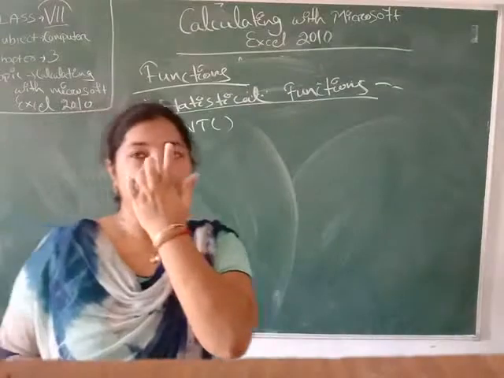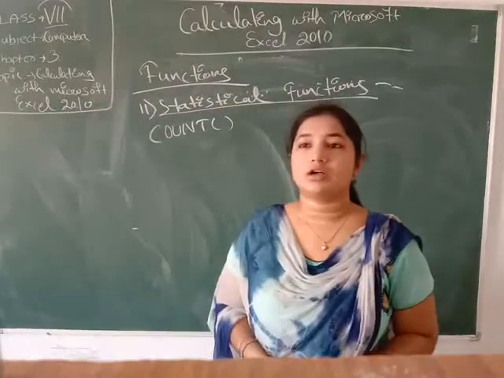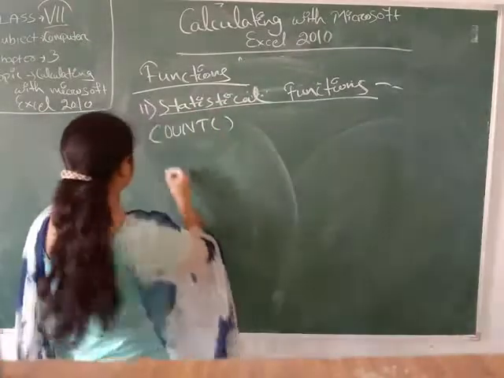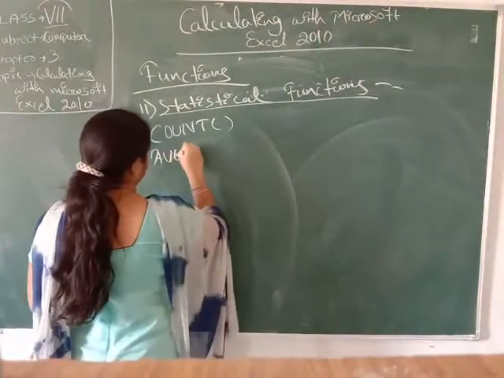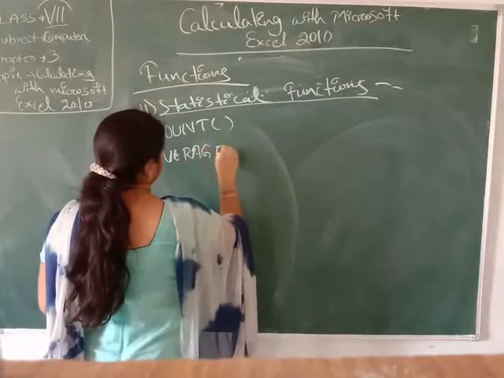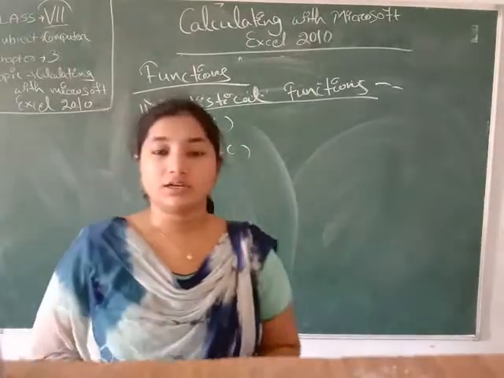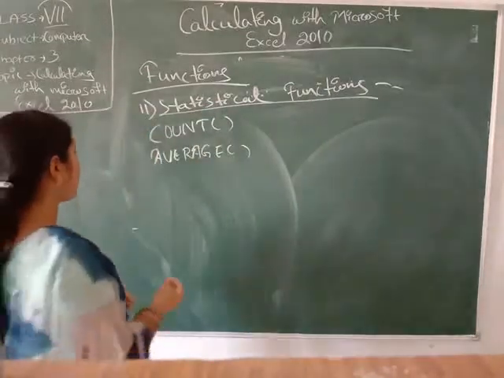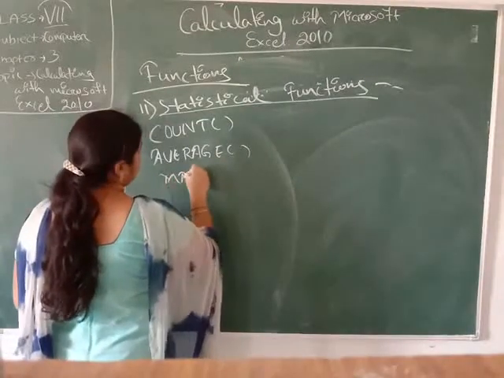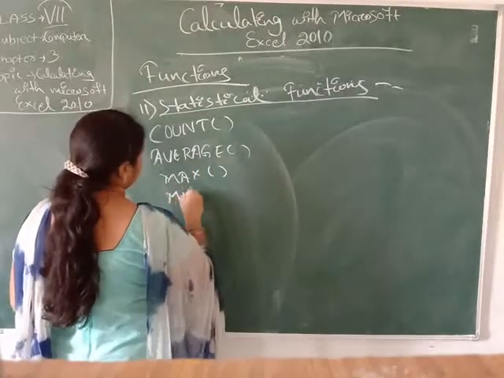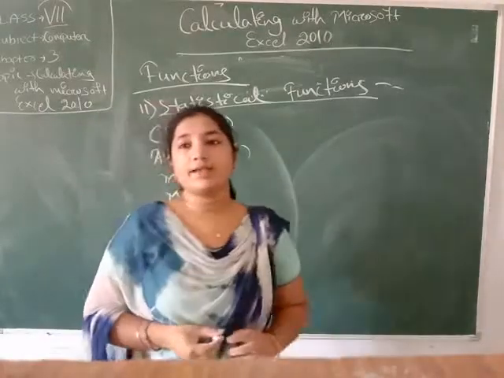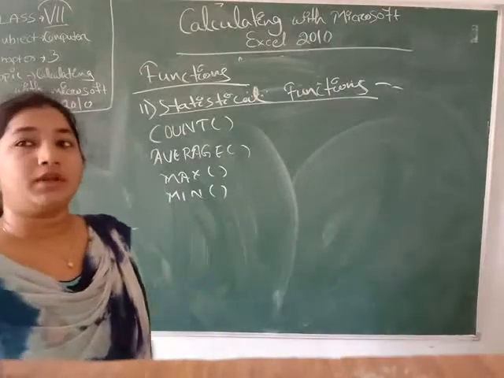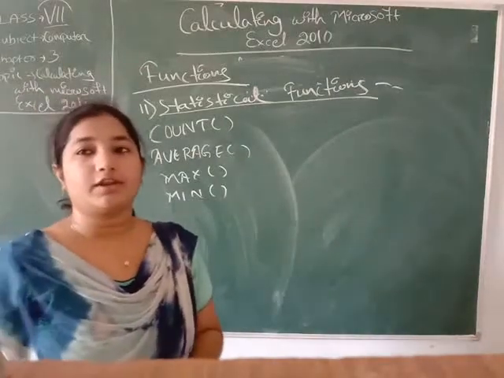What does COUNT work for? It counts all the values in a range. The next one is AVERAGE. It calculates the average number from a range of values. The next one is MAX. MAX finds the maximum value in a range, and MIN finds the minimum value of a range.